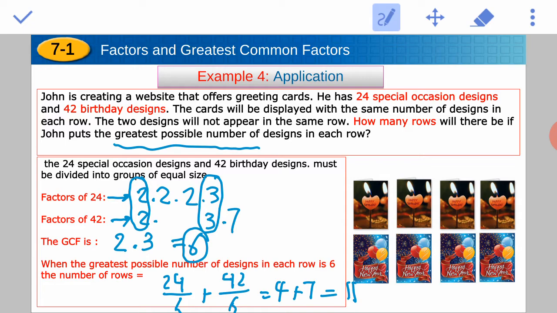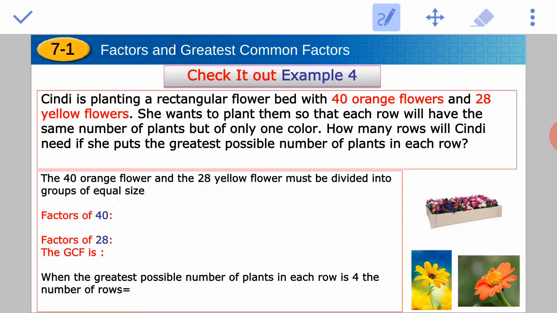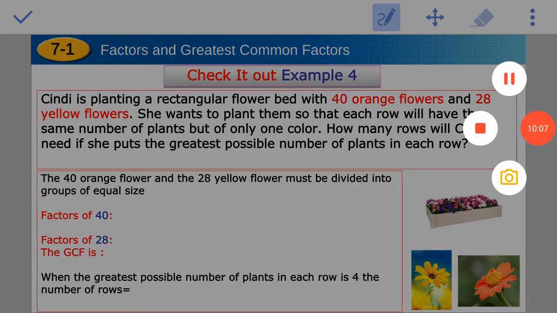So there are 11 rows of equal size groups of designs, and each group consists of 6 designs, and there are 11 rows. Pretty cool. You may pause your video and double check this idea.